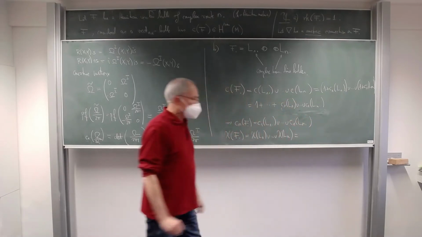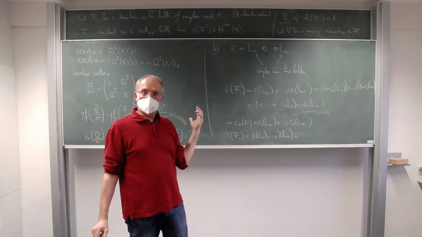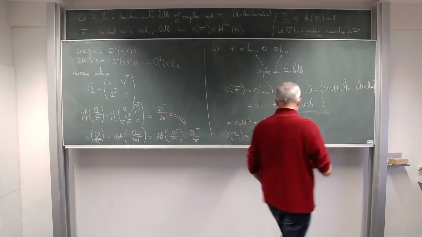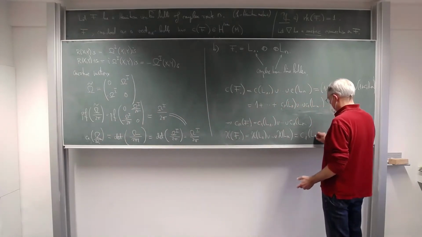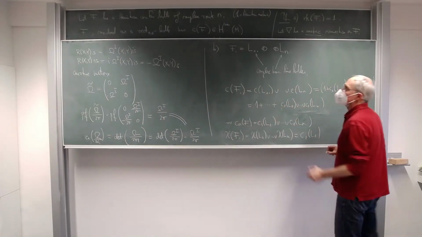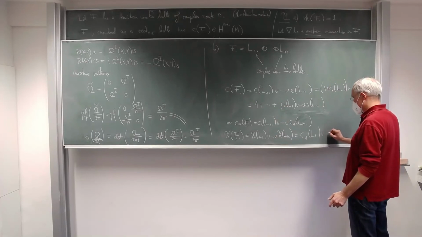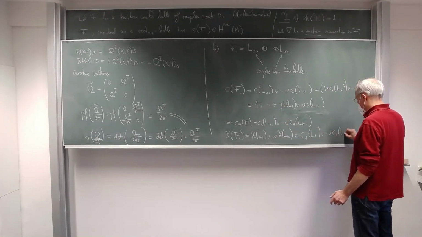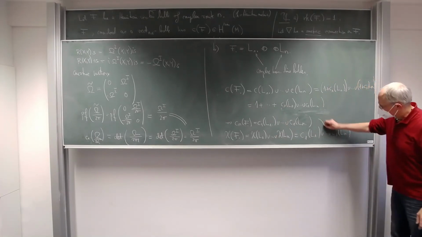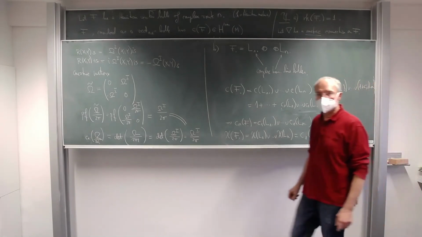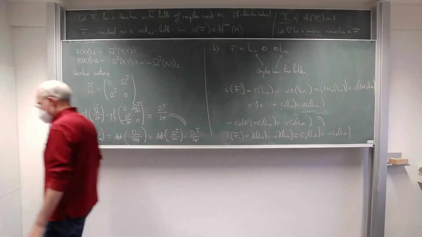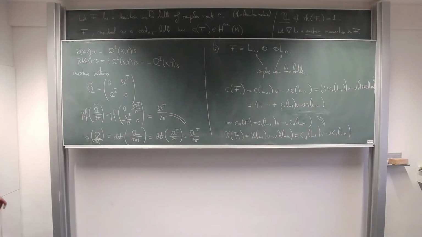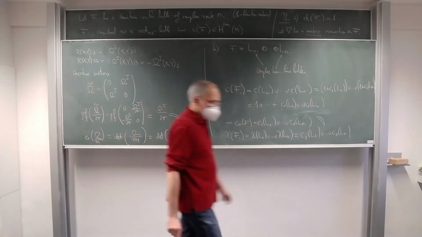And for rank 1, we have just shown that it gives us the same thing as the first Chern class, by the first case. So that's the same thing. Okay, good.